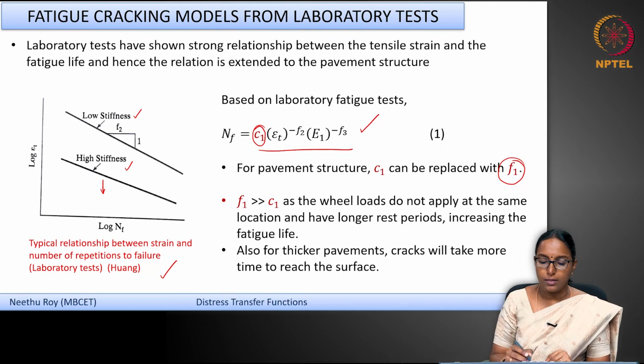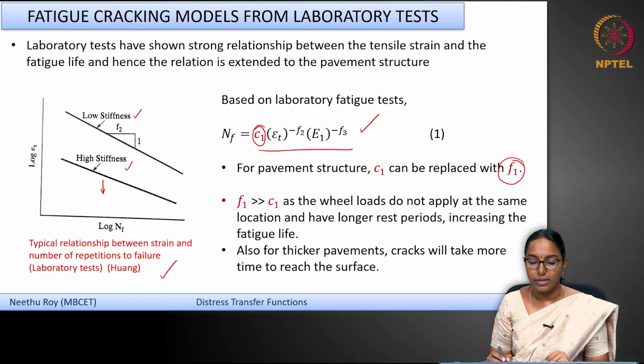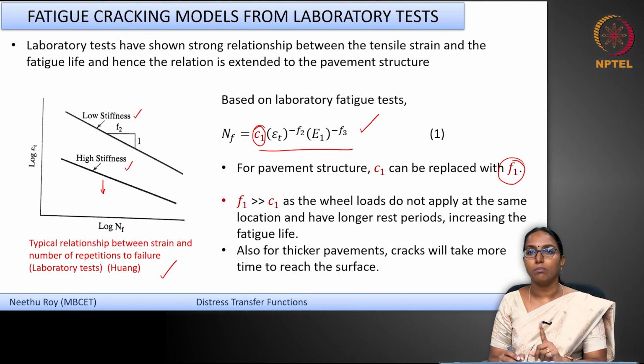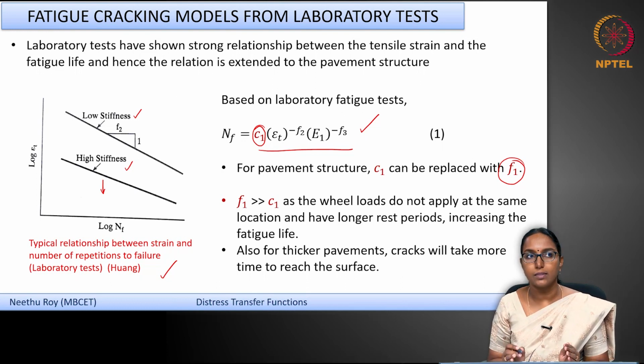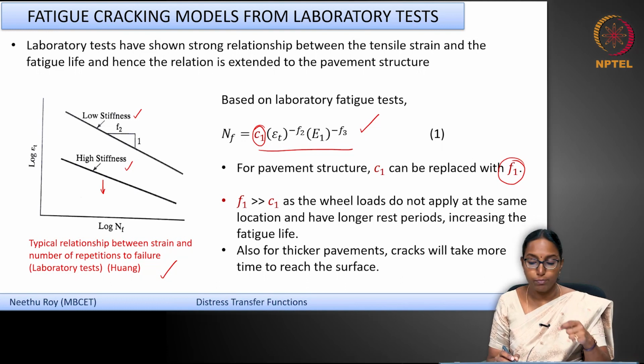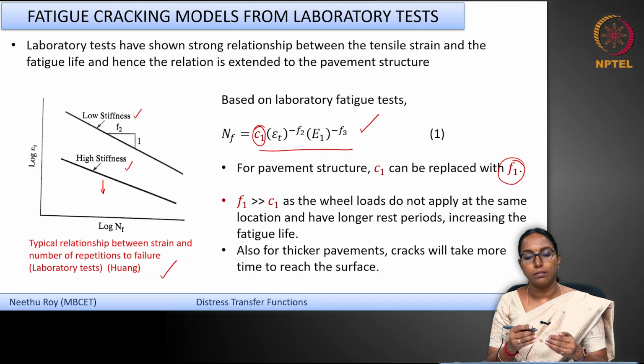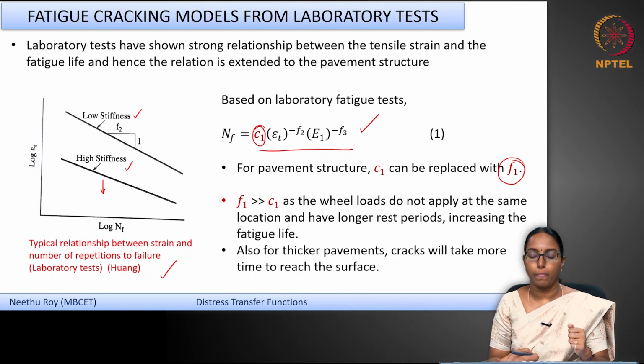Okay, but one has to note that this F1 has to be much greater than C1, because if you consider the pavement structure, it will take more number of load repetitions, because all the wheel loads are not going to act at the same point in the pavement structure, and also there will be rest periods between 2 loads.